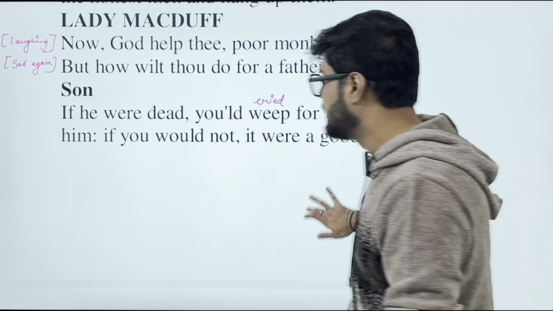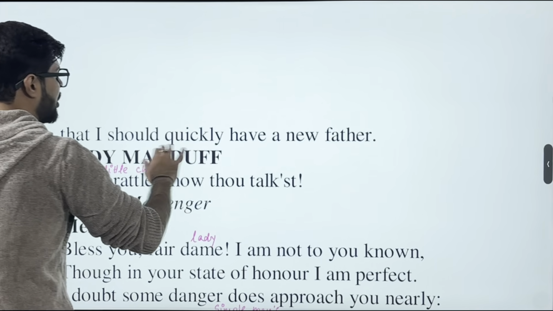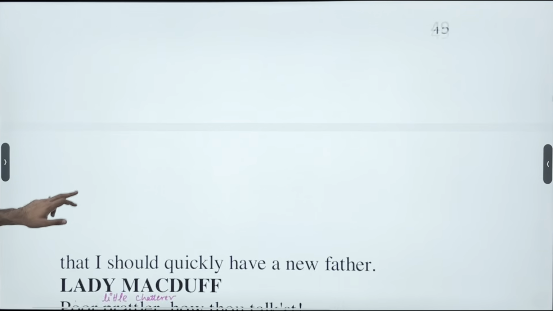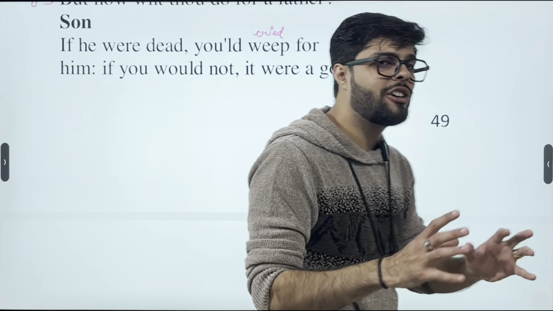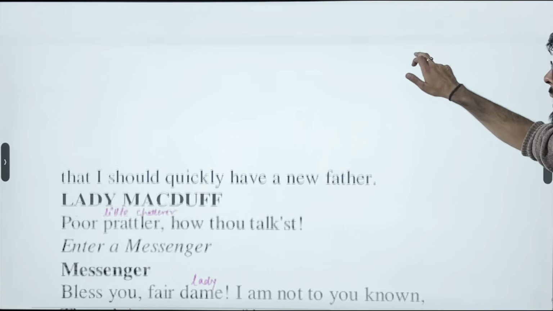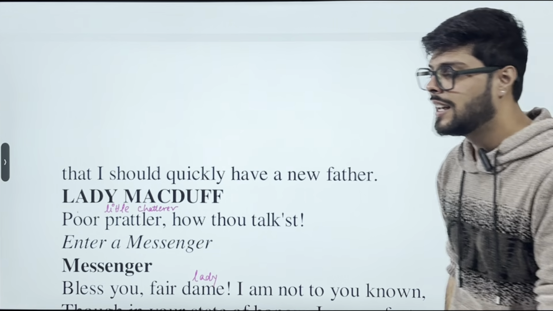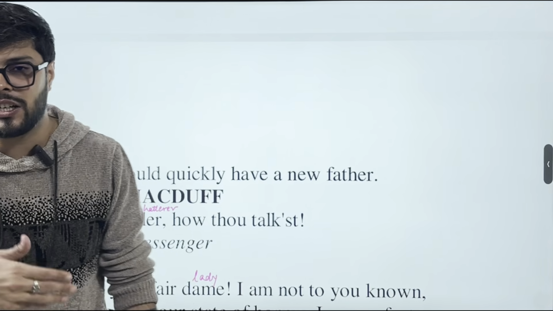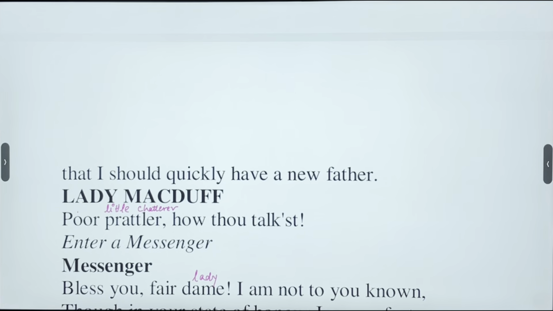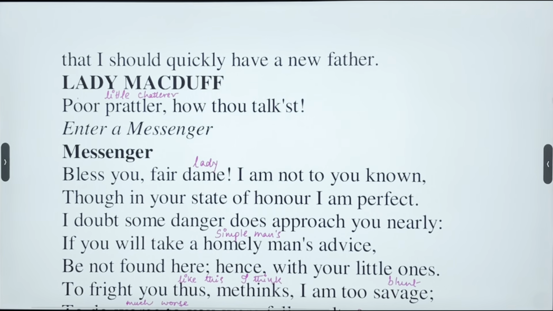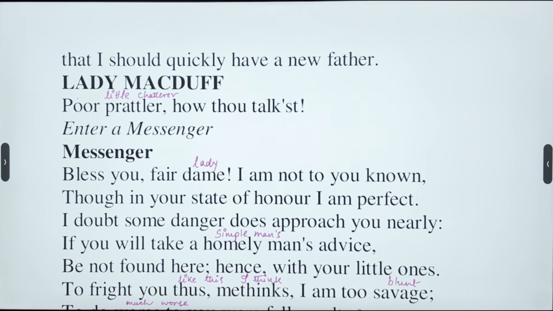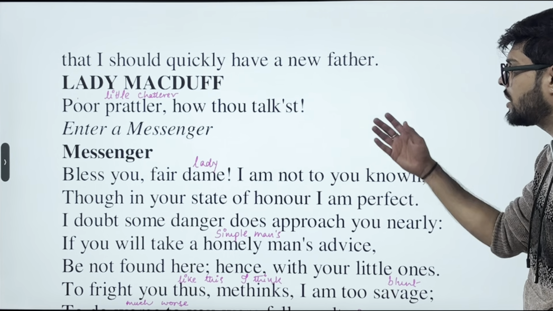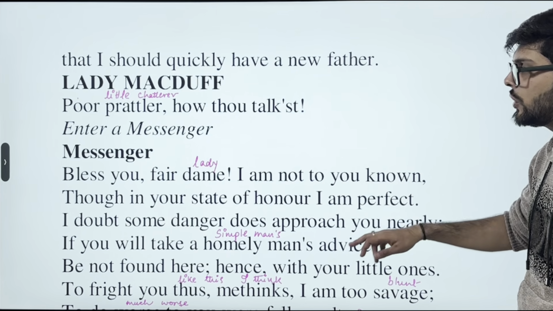He is not dead. Take care. And I should quickly have a new father. So if my father were dead, you would be crying for him, and if you're not crying, then it's a good sign that very soon I'm going to get another father. So basically, you are going to get married to a new man. So he's making fun of his mother. Lady Macduff: Poor prater, look at the way you're speaking, you little chatterbox.